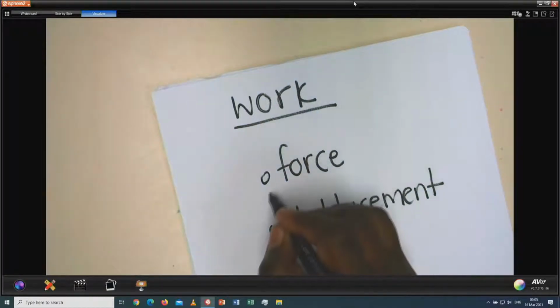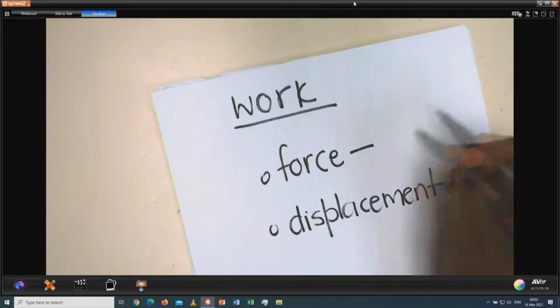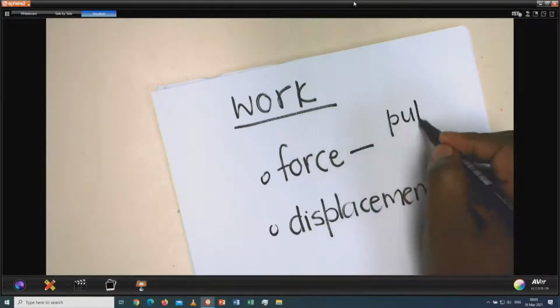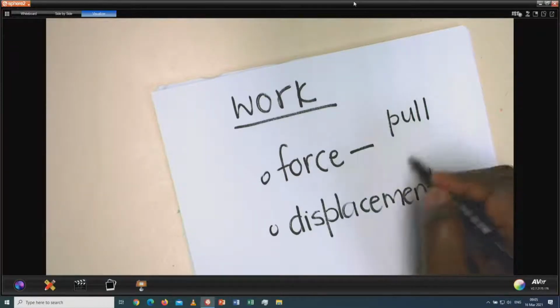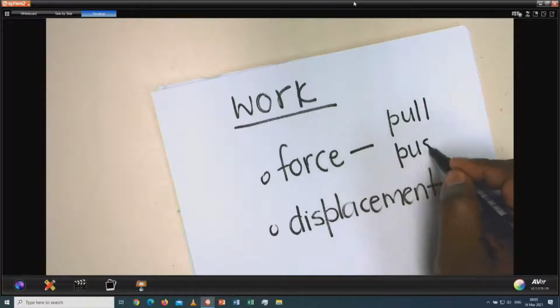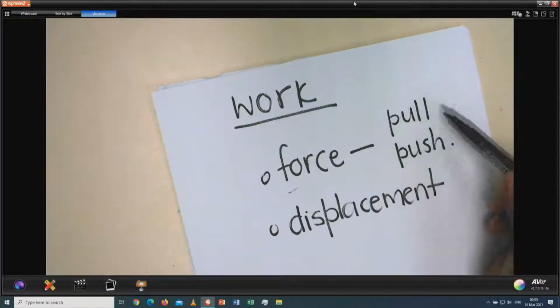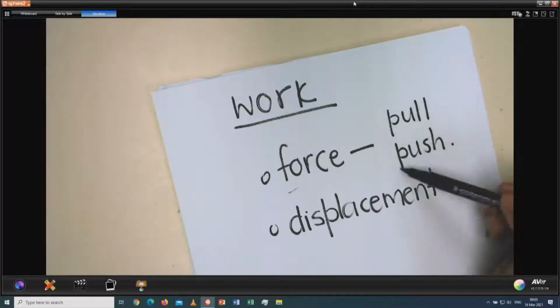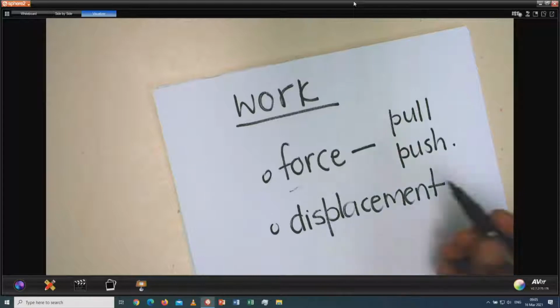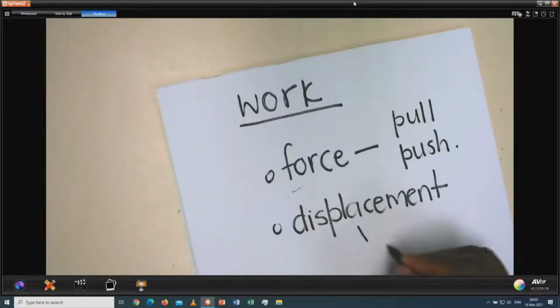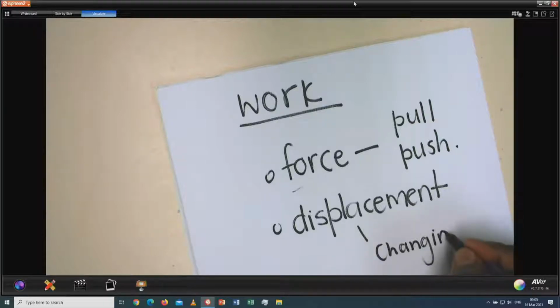Let's start with the word force. Force refers to a pull or a push. This we learned in grade 9, that a force is a pull or a push. And displacement refers to the changing of position.